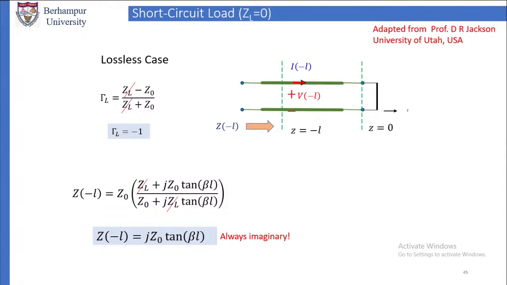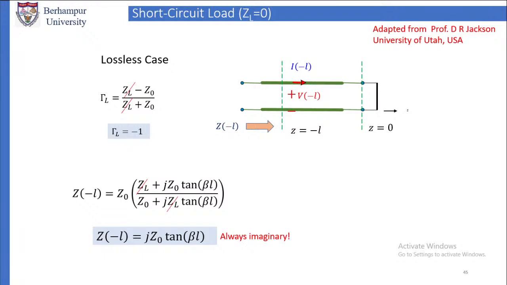At the load, since it is short circuited, ZL is equal to 0, voltage is 0, current is maximum at the load. Gamma L is equal to minus 1 indicates that the voltage is 0. Gamma L is equal to plus 1 will indicate that voltage is maximum at that point.